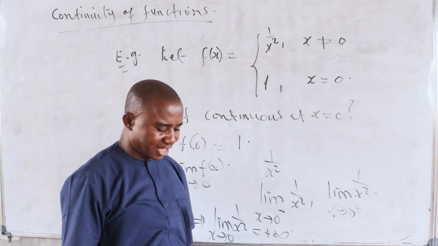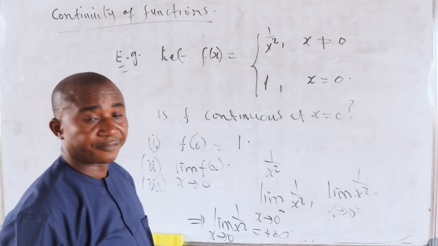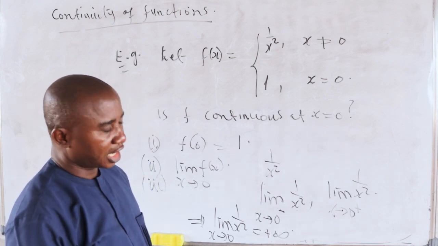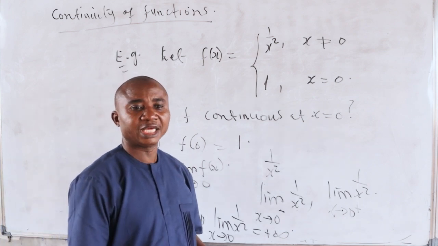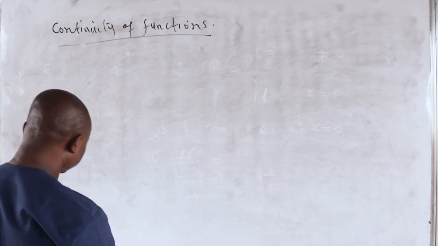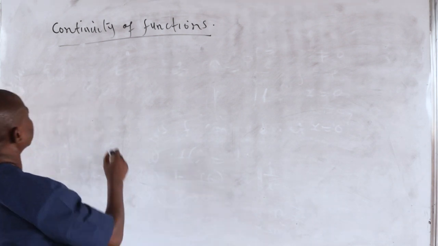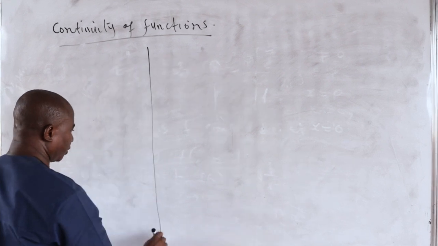All right. I have another interesting example here that we are going to consider graphically. So we see how we can use the graph of a function to see points of discontinuity and points of continuity. Let's see this function.